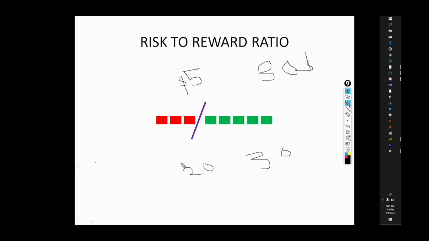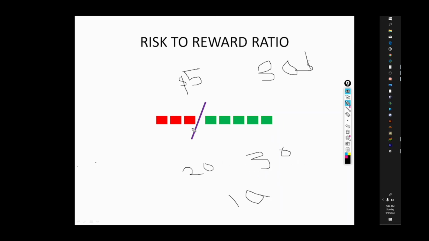Although you lost 4 trades and won just one trade, you still end up with a $10 profit. So you lost 4 trades, and you are still ending up with a $10 profit. So are you getting the idea of risk to reward ratio now?